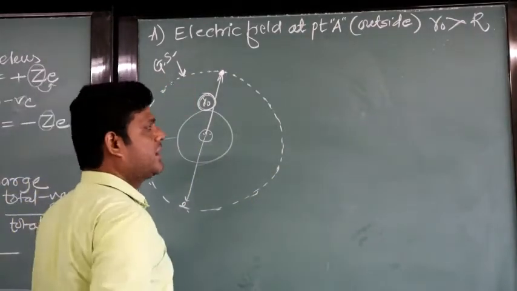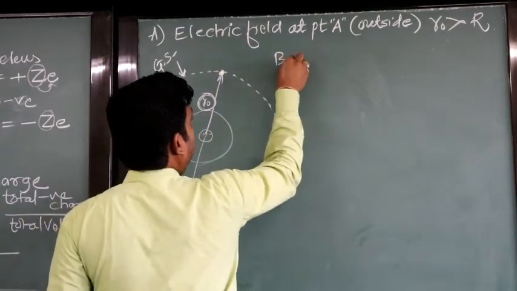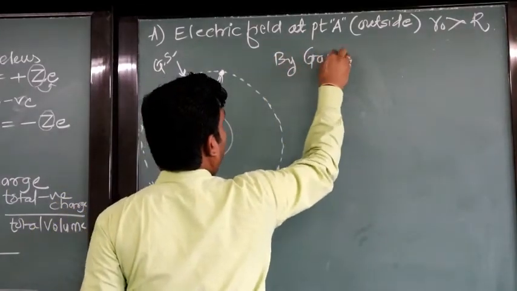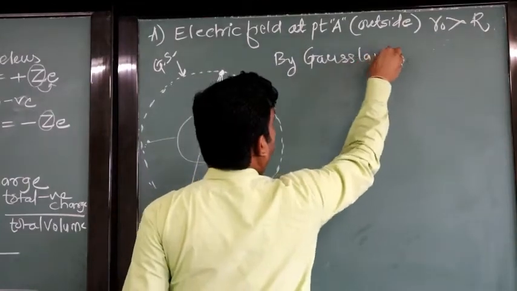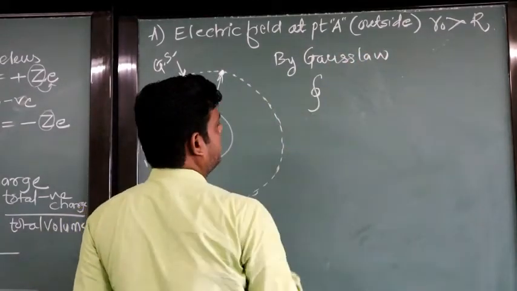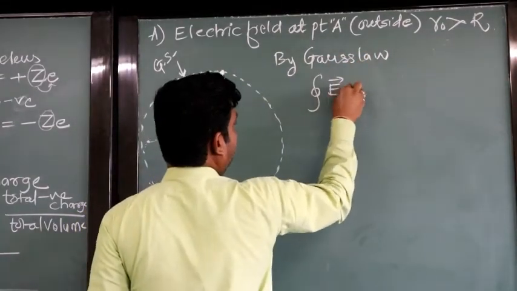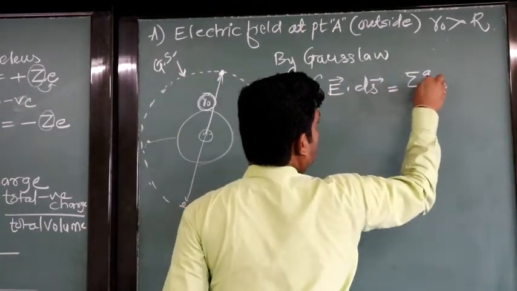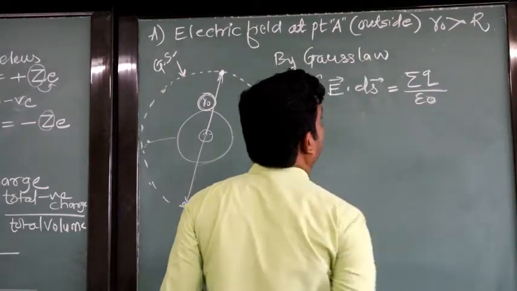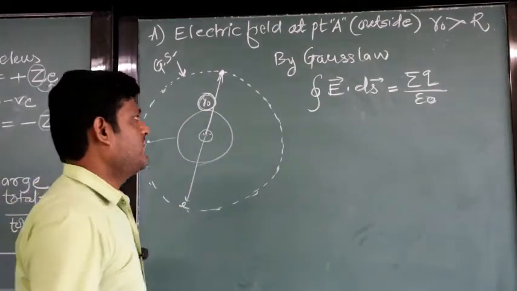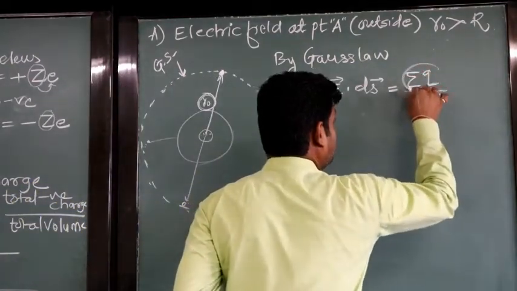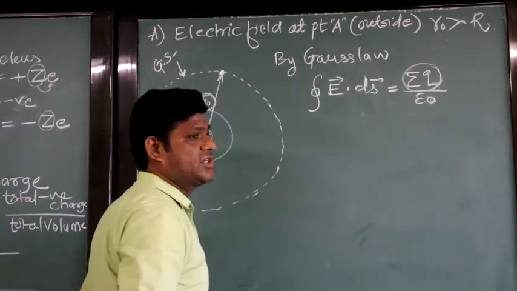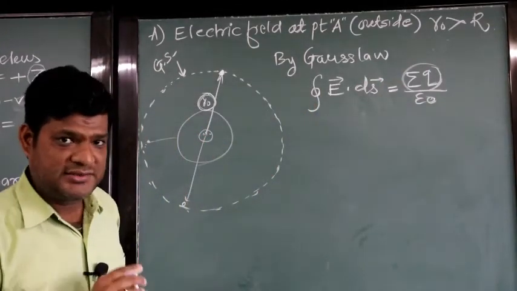So using Gauss's law, the integral over a closed surface of E vector dot dS vector equals the summation of charge divided by epsilon 0. First of all, see what is the summation of charge, the charge enclosed by the Gaussian surface.